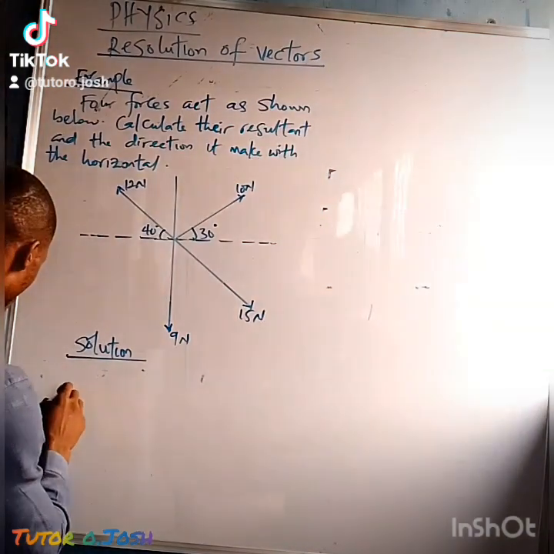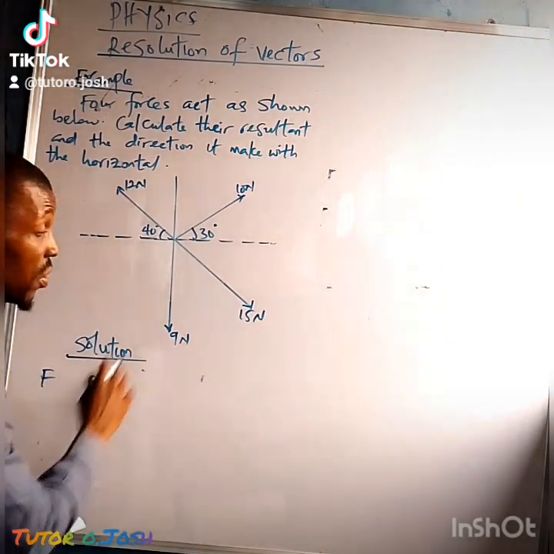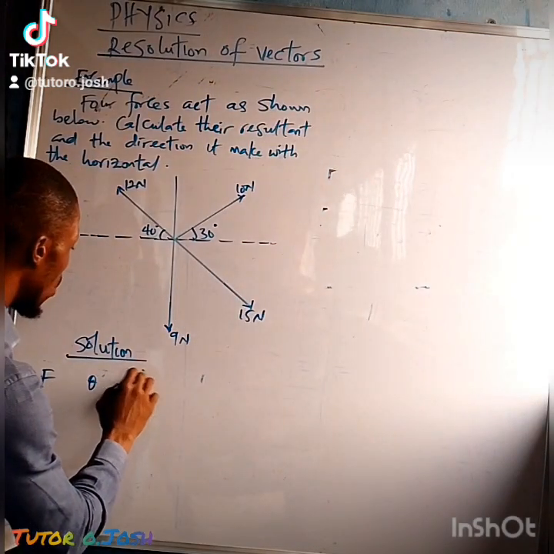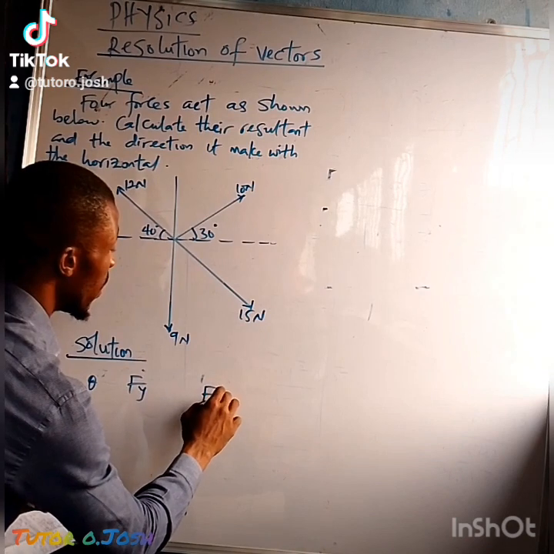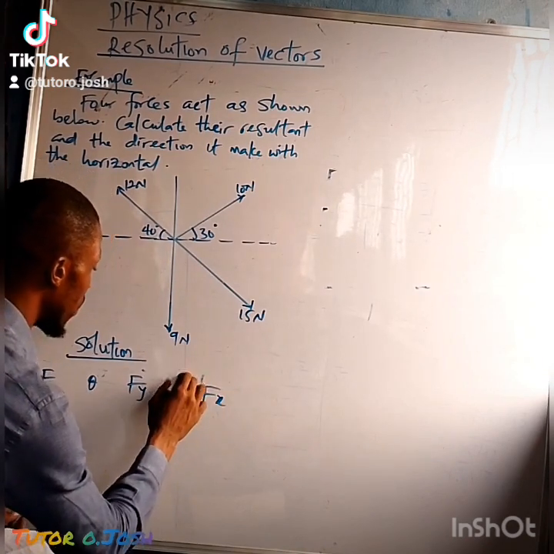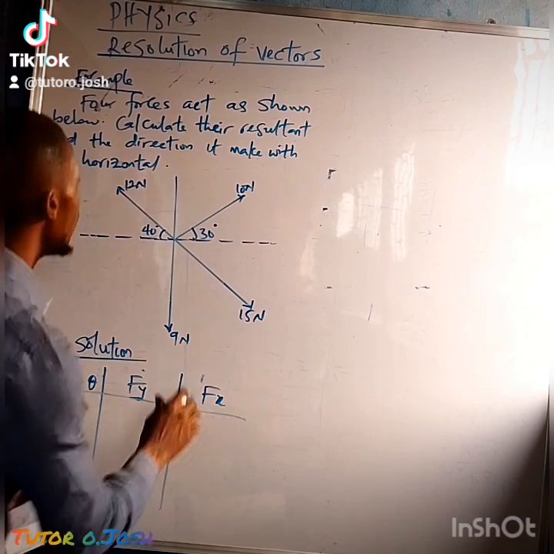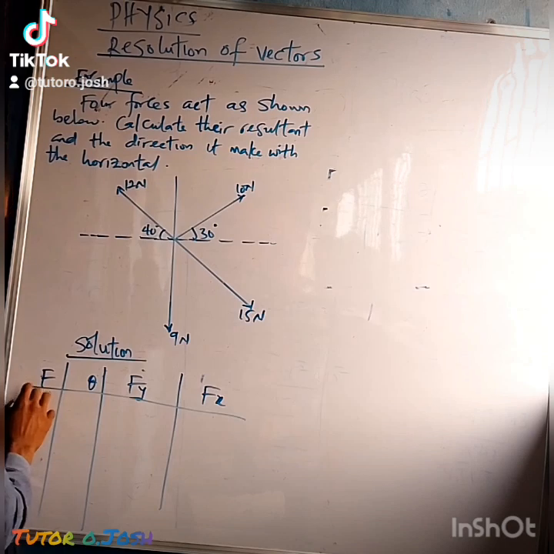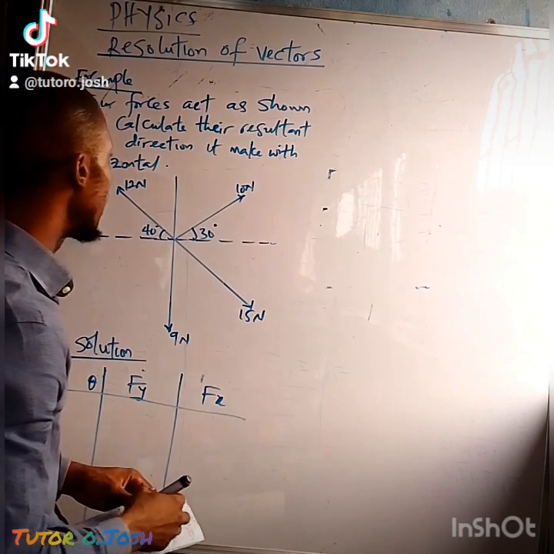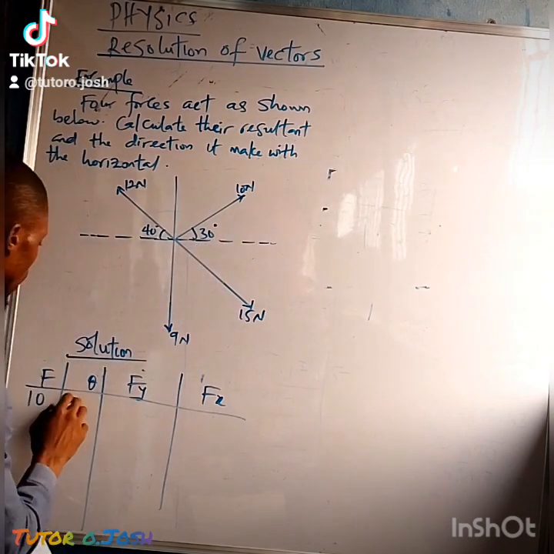We write out the force, the theta, that's the angle it makes with the horizontal, the vertical component Fy and the horizontal component Fx. Then we rule like this. So the force given here is 10 Newton, and the angle it makes with the horizontal is 30.